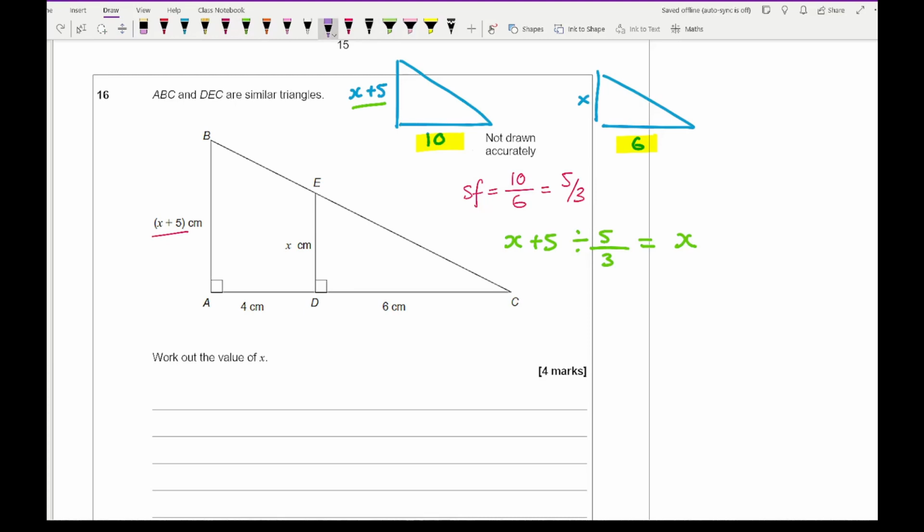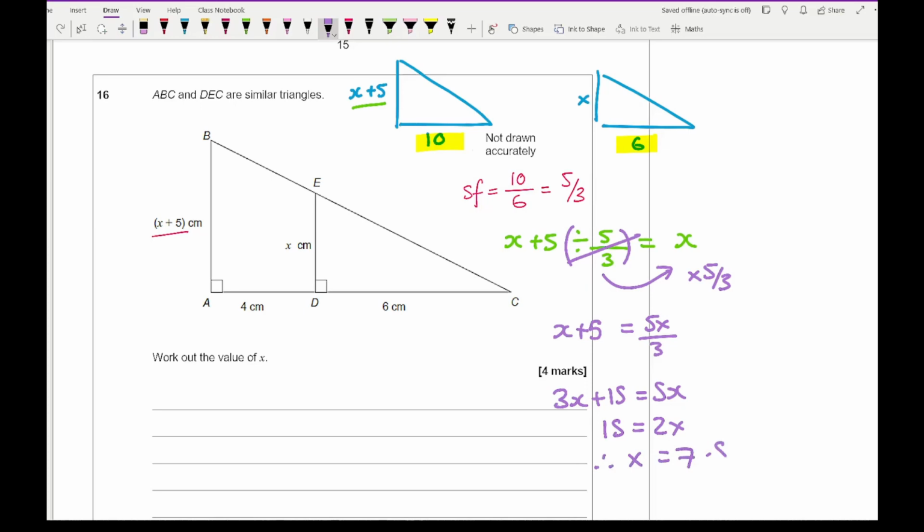Then if I take this over to the other side, and then multiply by 5 over 3, I'm left with x plus 5 equals 5x over 3. Take the 3 over, in which I get 3x plus 15 equals 5x. Take the 3x over, in which I get 15 equals 2x, and then I end up with x equals 7.5 centimeters.